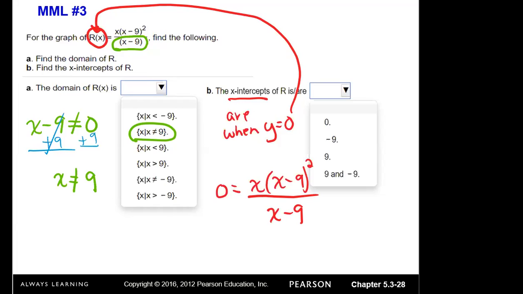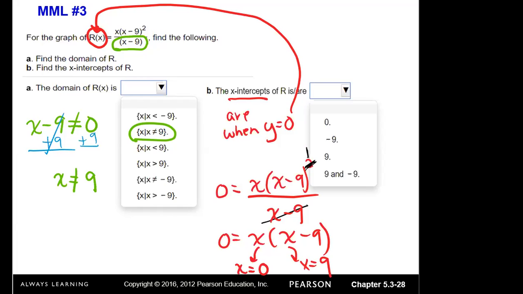But I can reduce that, because I've got an x minus 9 in the bottom and 2 x minus 9s in the top. That will cancel out one of these, leaving you with 0 equal to x times x minus 9 to the first. x would have to be a 0 to get a 0, or x would have to be a 9 to get a y coordinate of 0.